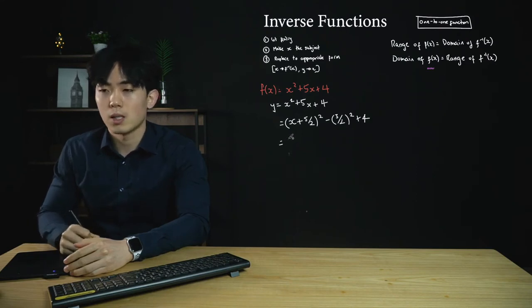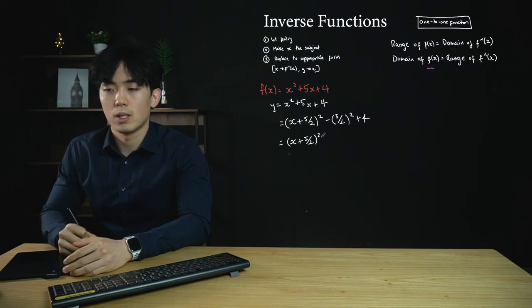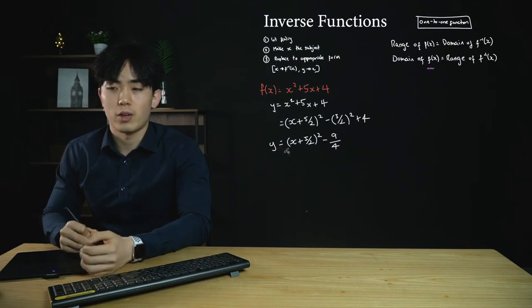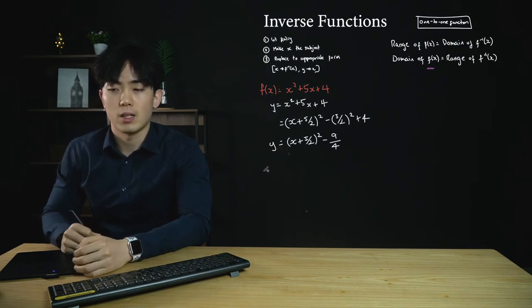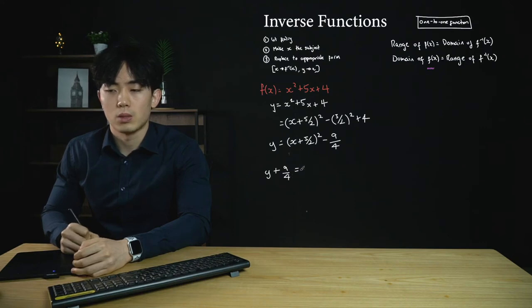Just simplifying this a bit, we have x plus 5 over 2 all squared minus 25 over 4 plus 4, which will give you 9 over 4. And now we can rearrange for x. So I'll bring the 9 over 4 to the left-hand side. So y plus 9 over 4 will be equal to x plus 5 over 2 all squared.